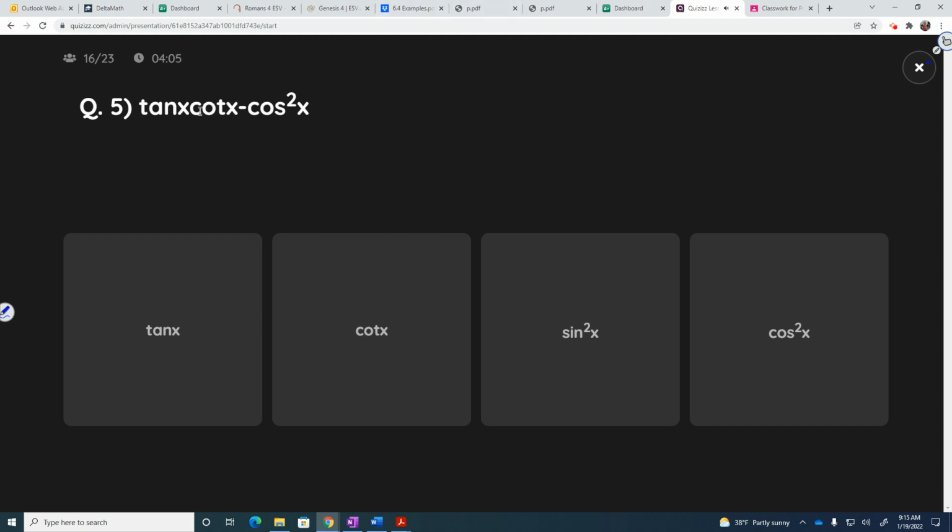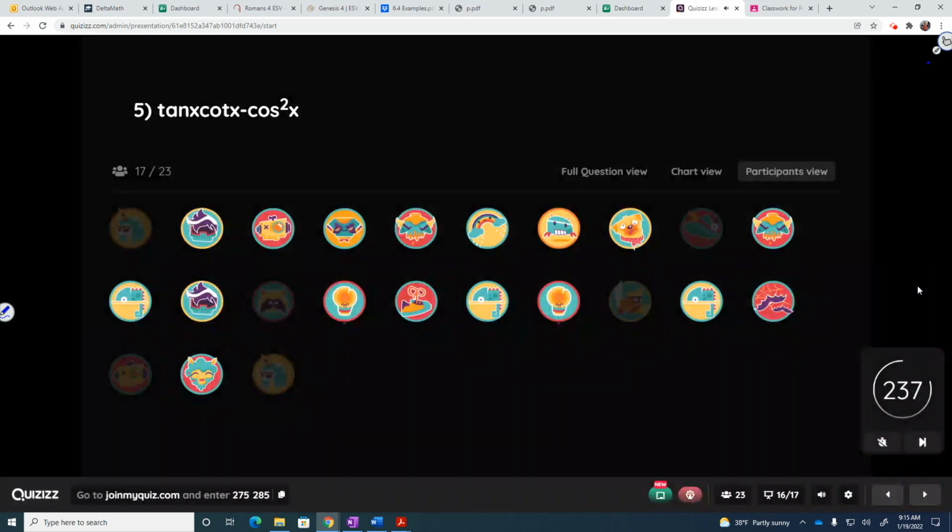A tan and a cotan, those are reciprocals. So that leaves you with 1. It's just 1 minus cosine squared. Sine squared.